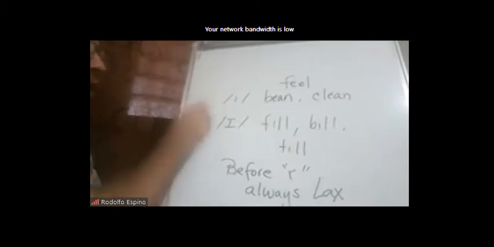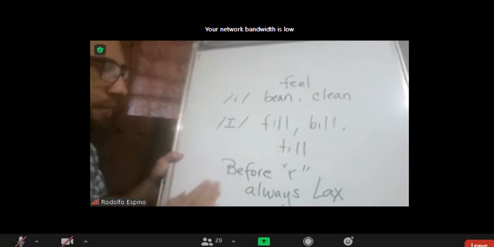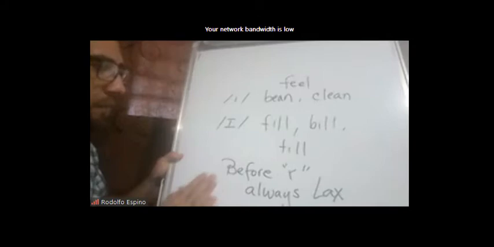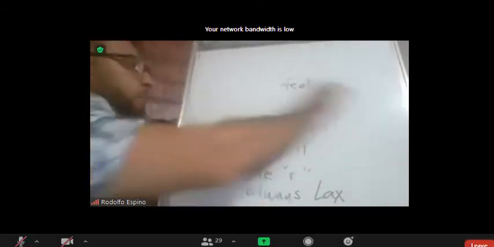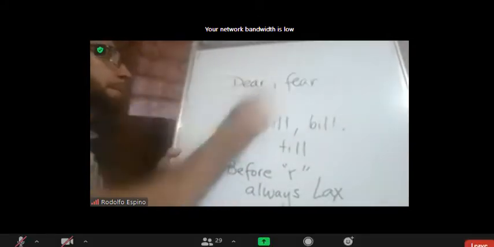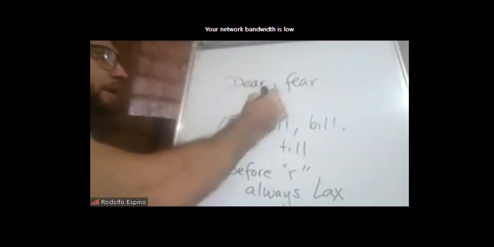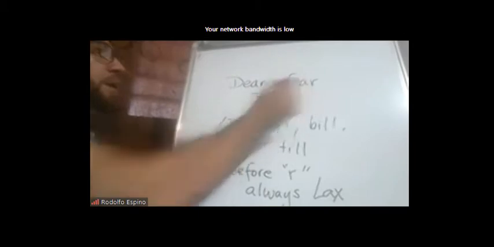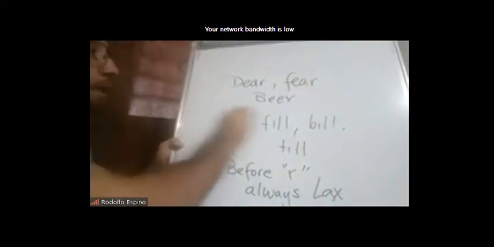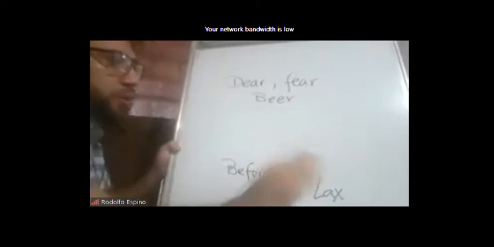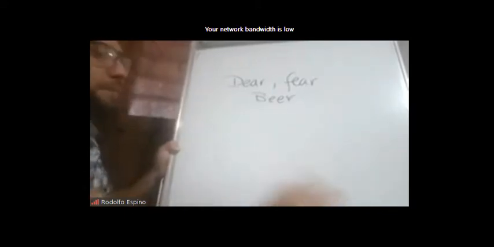A word like, for example, dear, fear, let's say beer. These three words should be transcribed with tense E, right? Because there's a combination of letters, and most of the time, the combination of letters means the tense sound.